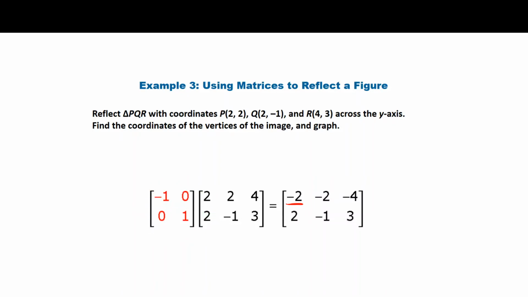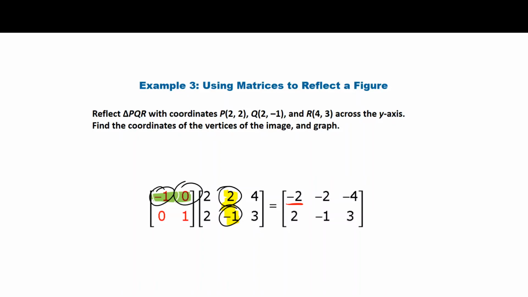I'm going to do a couple more just to remind you. We always take the information in our first row, and now we're going to deal with our second column. So -1 times 2 plus 0 times -1. Notice the 0 is going to keep all of our y's equaling 0.